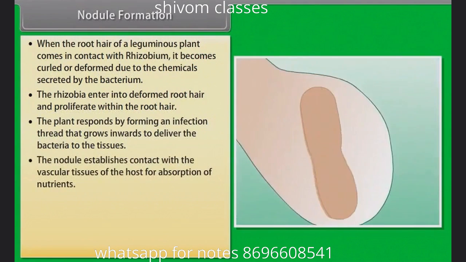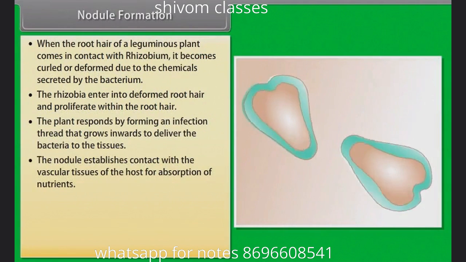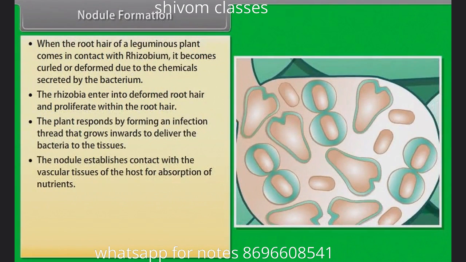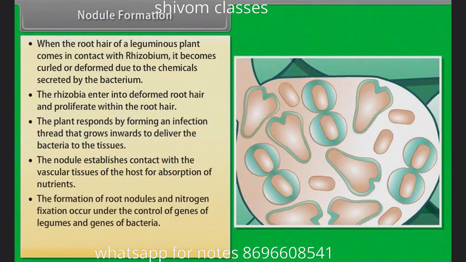The nodule establishes contact with the vascular tissues of the host for absorption of nutrients. The formation of root nodules and nitrogen fixation occurs under the control of genes of legumes and genes of bacteria. The reaction is: nitrogen plus 8 electrons, 8 hydrogen ions plus 16 ATP gives 2NH3 plus hydrogen plus 16 ADP plus 16 Pi.